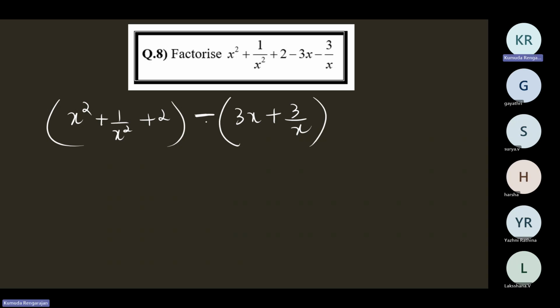So when you take a minus outside like this, because there's a minus here, you cannot simply put the bracket like this. If there was a plus here, then you can just put a bracket. It's okay. But there's a minus here.